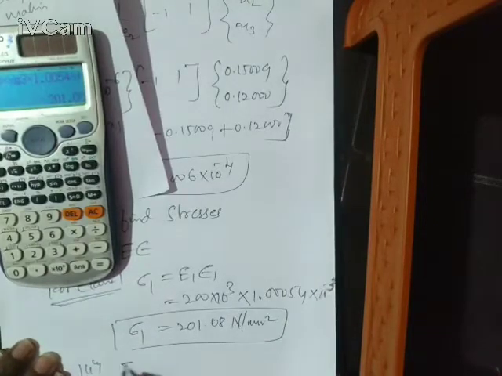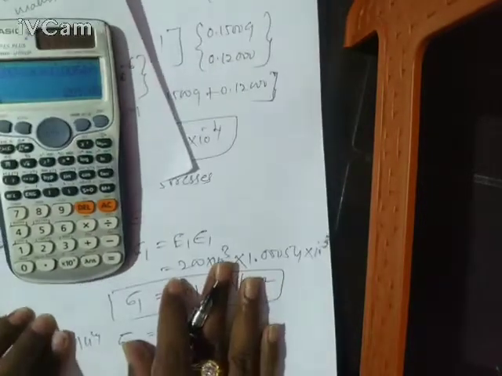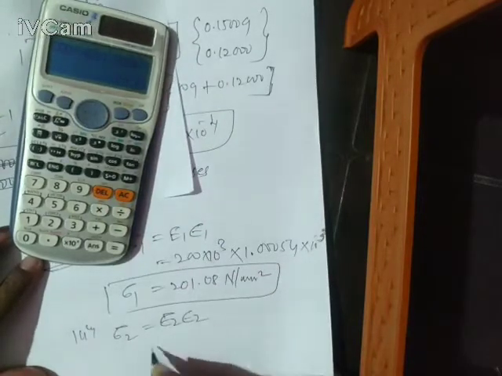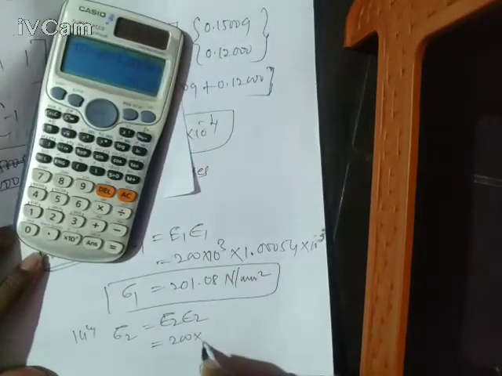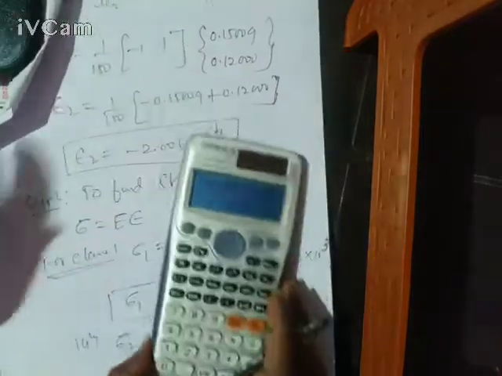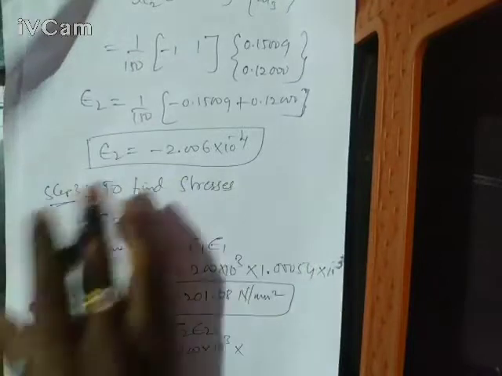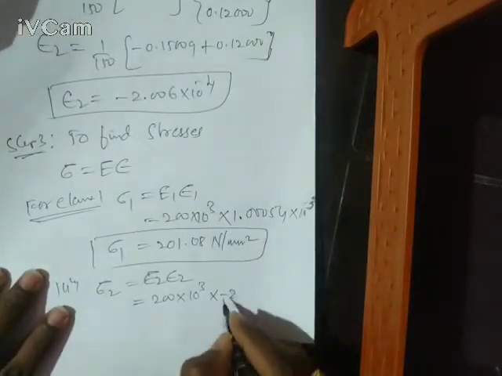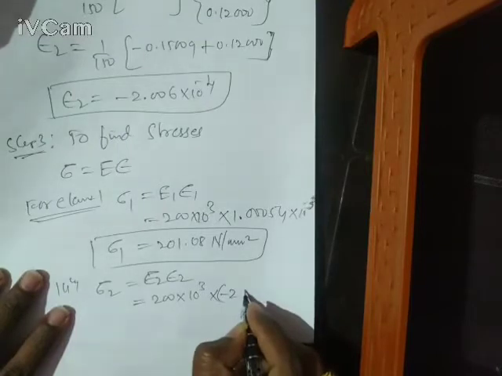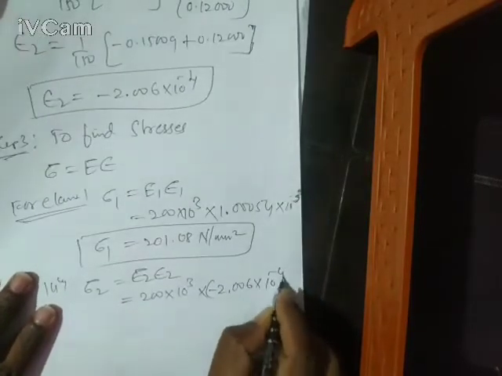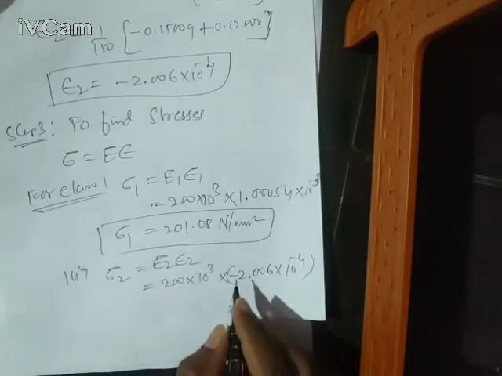Similarly, what is my sigma 2? E2 into strain 2. What is E2? E2 and E1 are the same, and my strain 2 value is minus 2.006 into 10 to the power minus 4. Fine.